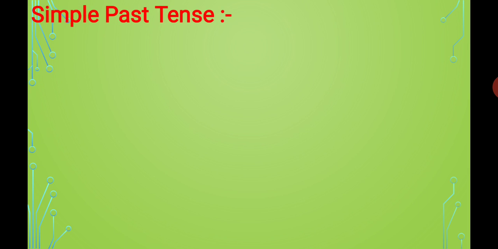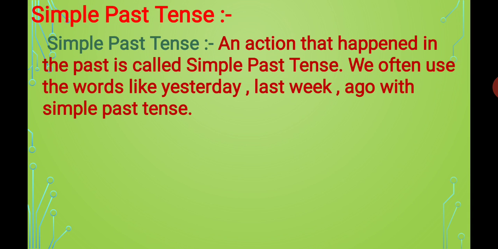Let's revise what simple past tense is, where and how we can use it, and what the rules of formation of the verb are, meaning the spelling rules of simple past tense verbs. An action that happened in the past is called simple past tense.